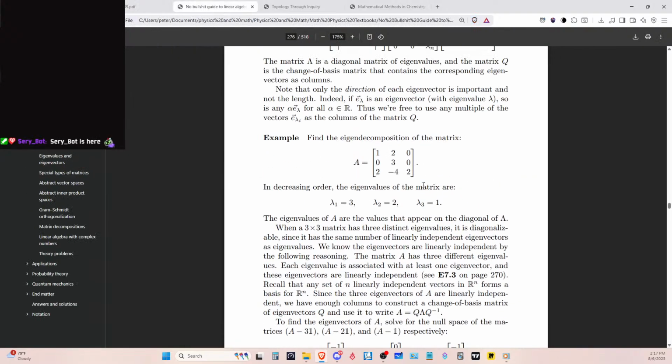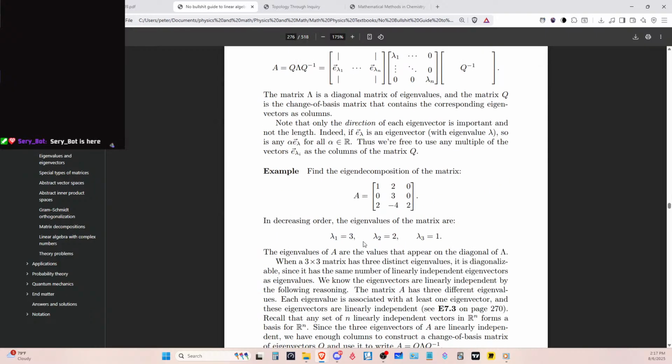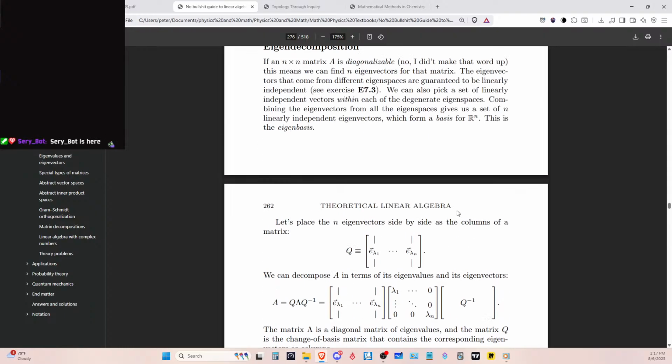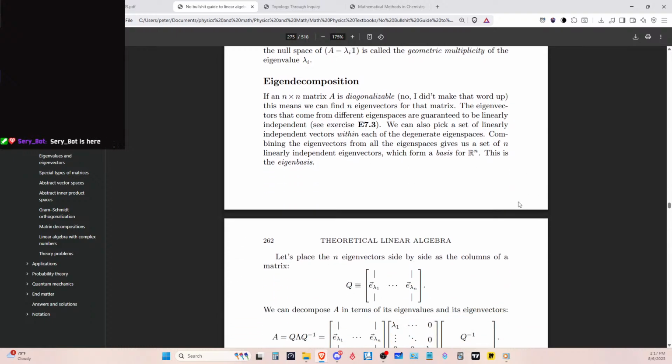So what is the thing that indicates that it's diagonalizable? Forms the basis of Rn. This is the eigenbasis.